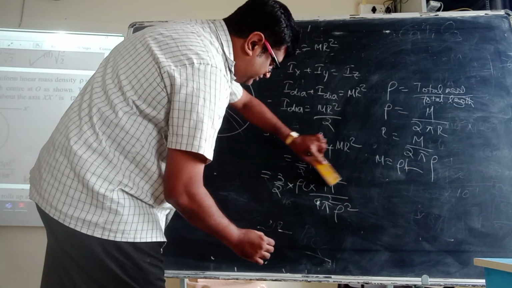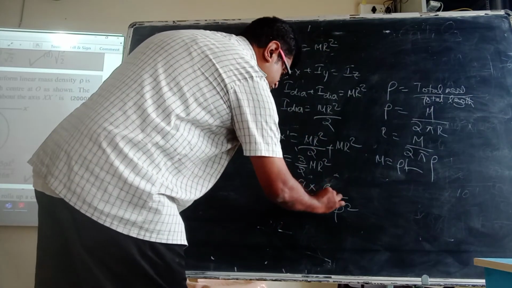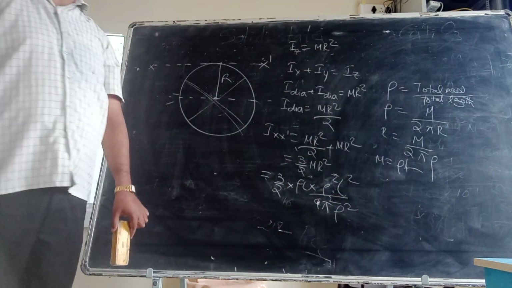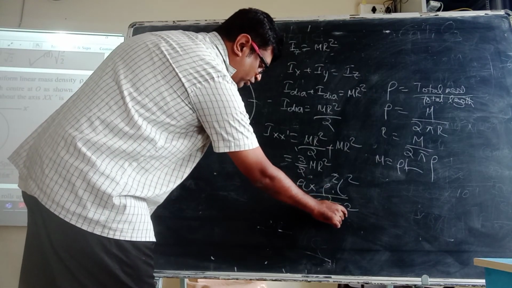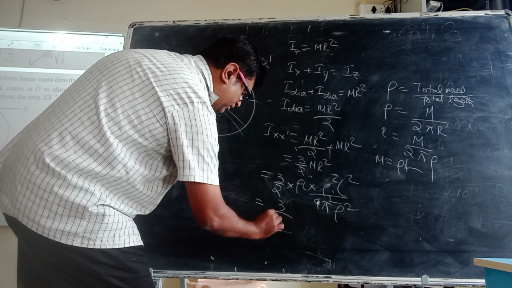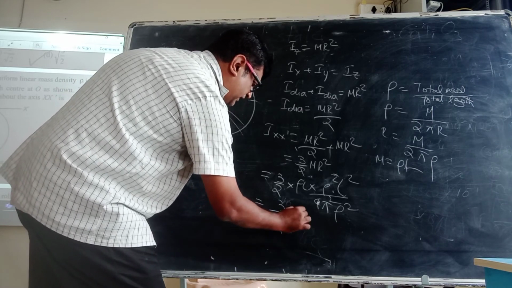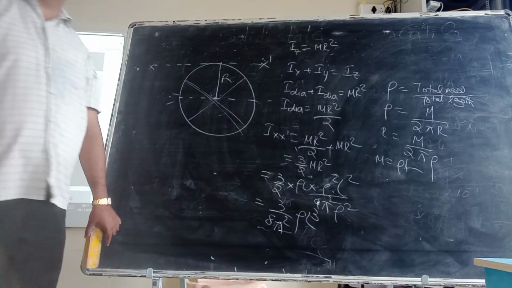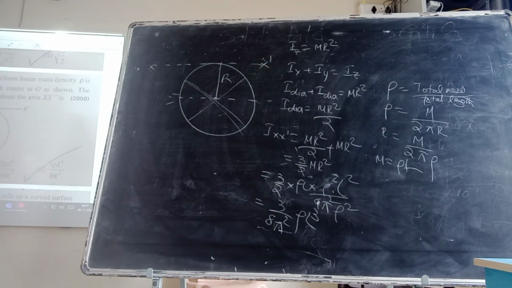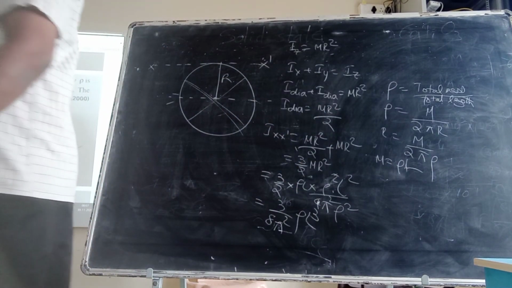And this M square is rho square L square. Right? So rho cube, rho square. So this is 3 upon 8 pi square into rho into L cube. Right? Got it? So option D is the right answer.